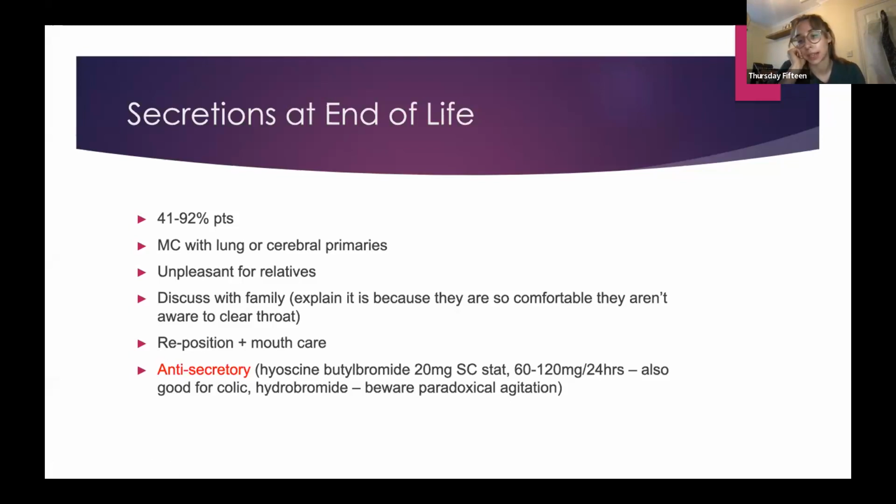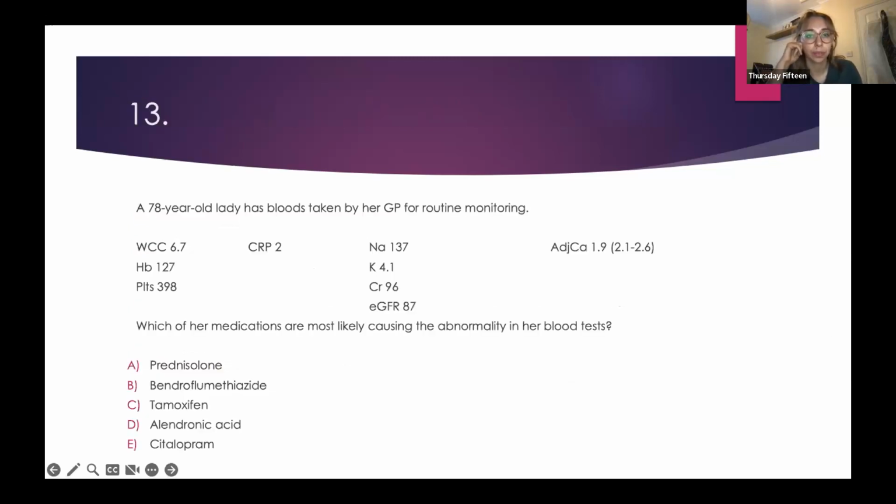Just tilting the head to one side or the other, placing a pillow under a different area can often drain the secretions out of one side of the mouth, and doing really good mouth care as well. Giving an anti-secretory is fine, but increasing the dose past 120 milligrams in 24 hours is probably just better to reassure.